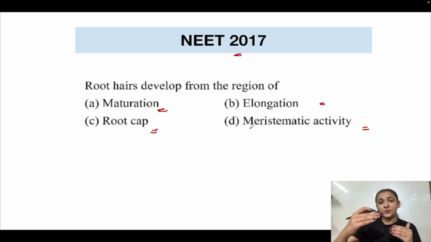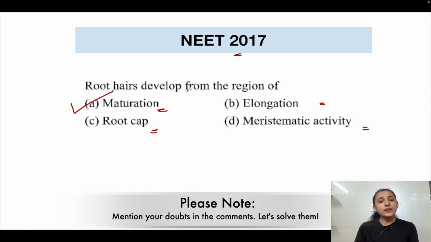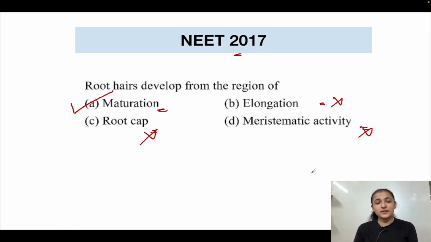Proximal to that is the region of elongation, and proximal to the region of elongation is the region of maturation. It is from the epidermal cells of the region of maturation that the root hairs arise. So the correct answer is option A. Root hairs develop from the region of maturation, not elongation, not root cap, not meristematic activity.